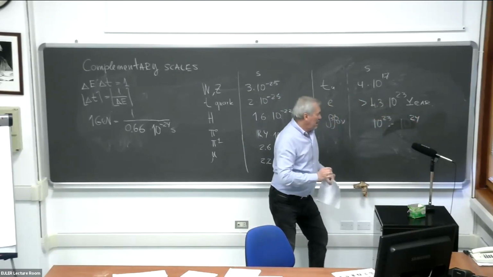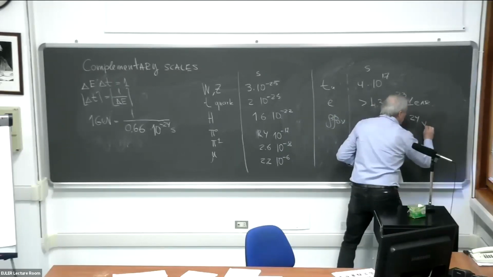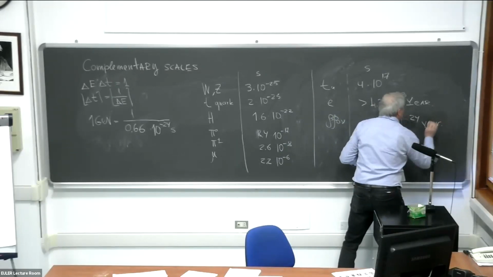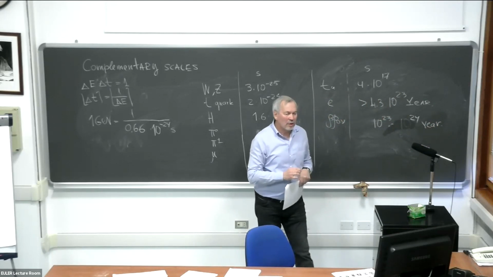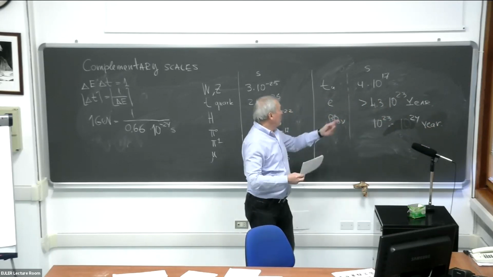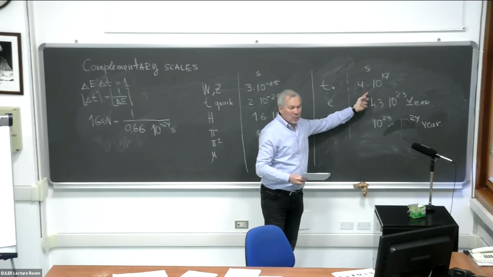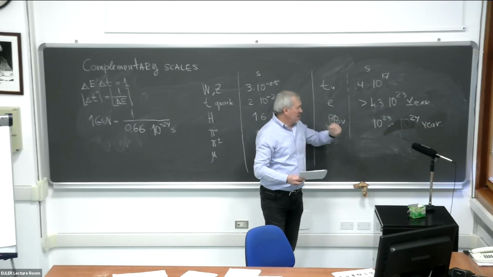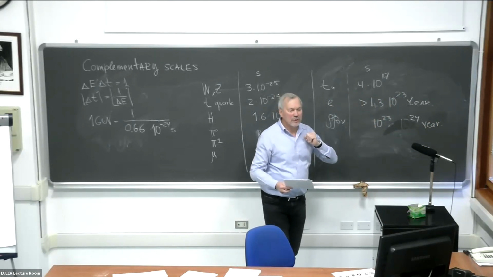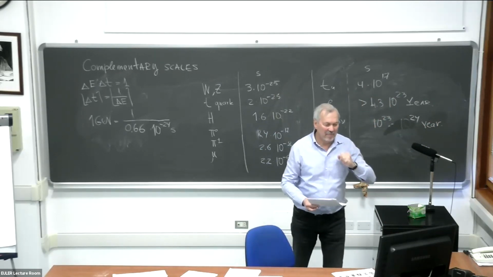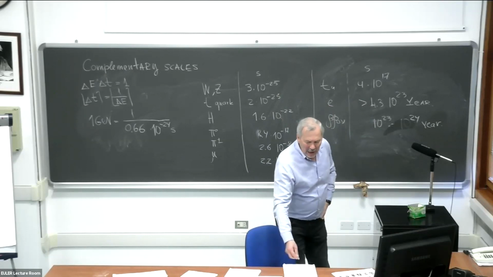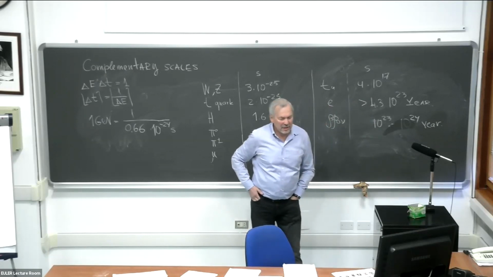So the question is, how did we manage to measure such long times, although the lifetime of the universe is much, much shorter? It's 1.3 10 to the 10 years. And this is, say, 14 orders of magnitude bigger lifetime. So can you imagine how we can establish this number?